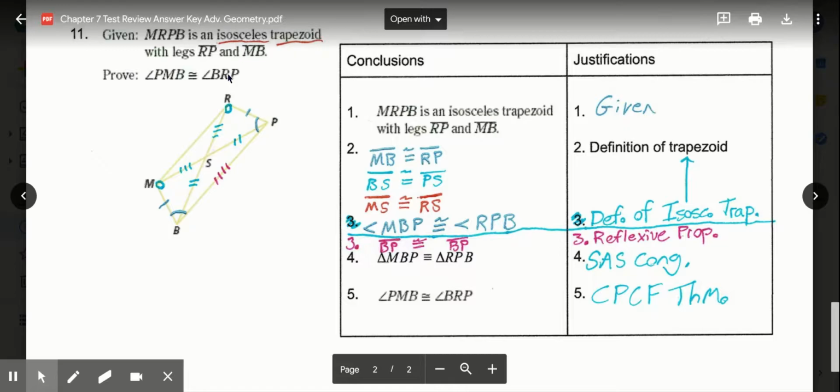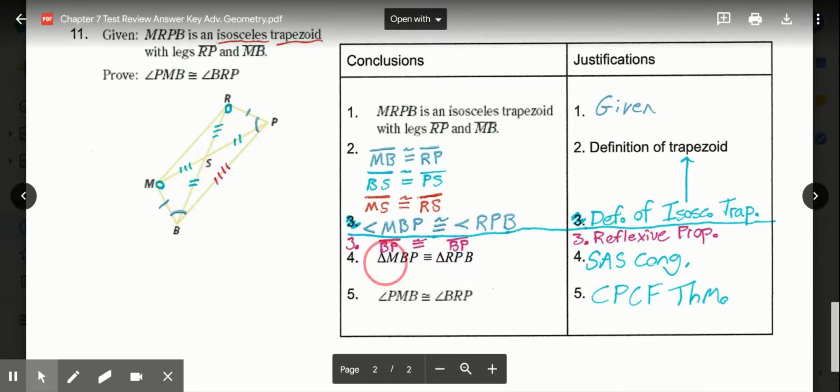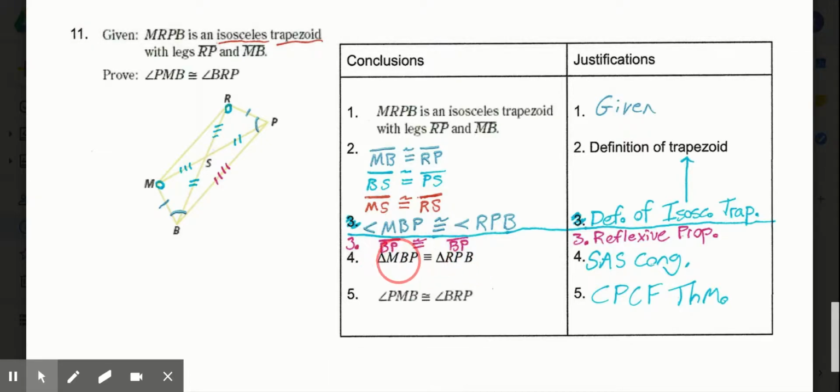Now, we were stuck going toward the proof with what they were giving us. If I were to work this differently, I would have used a different theorem, but in this case, again, we're going with what they gave us. So I have to think, how can I get to this triangle, MBP, matching triangle RPB?